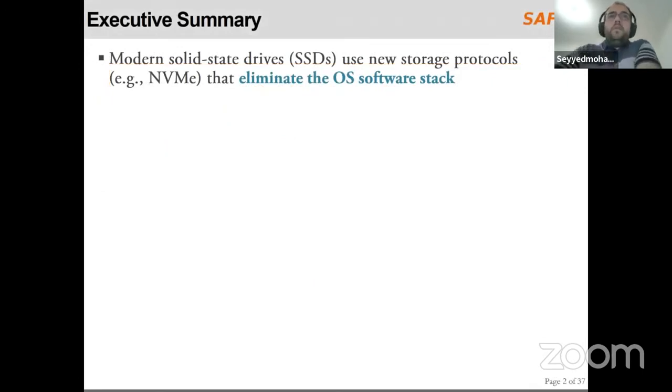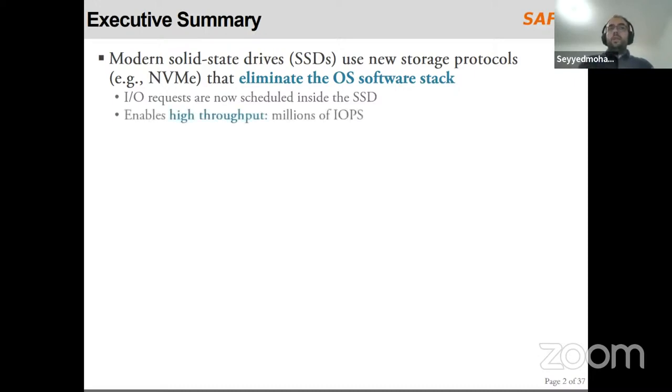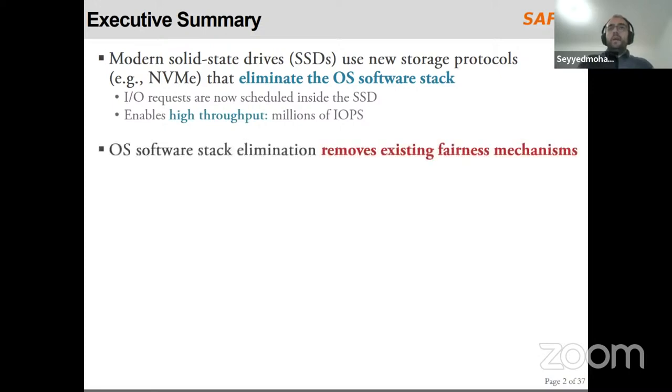So let's have a quick look at the executive summary of this work. Modern solid-state drives use new storage protocols, such as NVMe, that eliminate the OS software stack. I/O requests are now scheduled inside SSDs, which enables high throughput, millions of IOs. However, OS software stack elimination also removes existing fairness mechanisms.